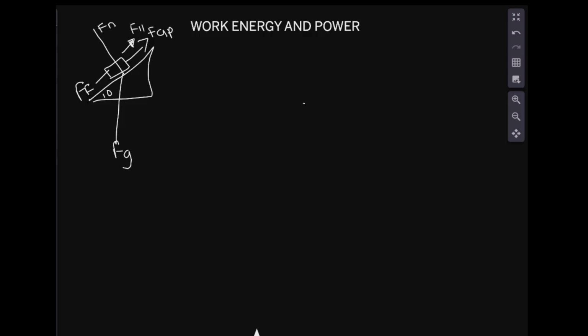So you come here, do a dot. That will be Fn, that will be F applied, that will be the frictional force, and that will be Fg. And then you just label.